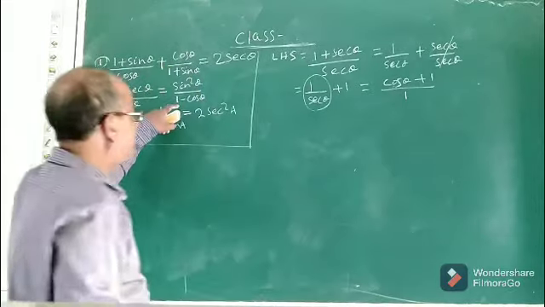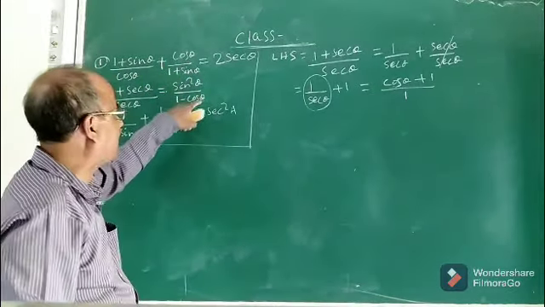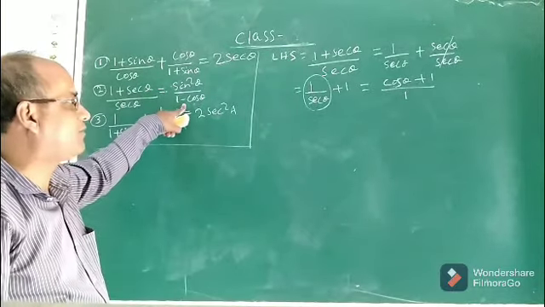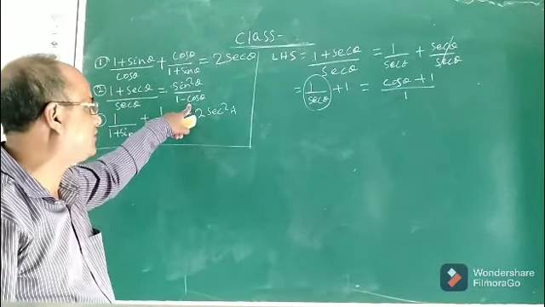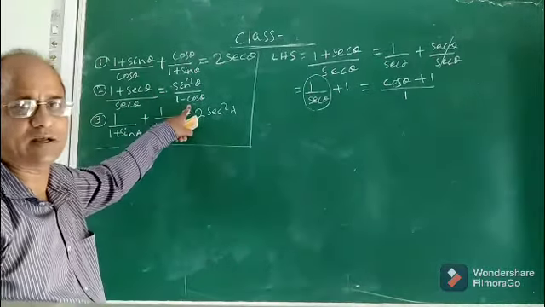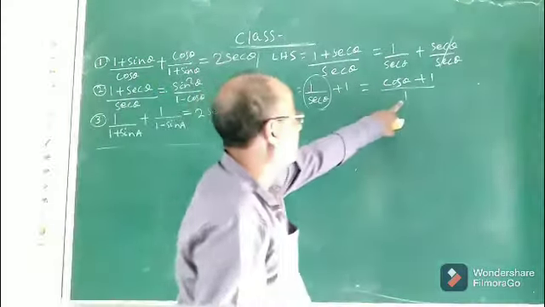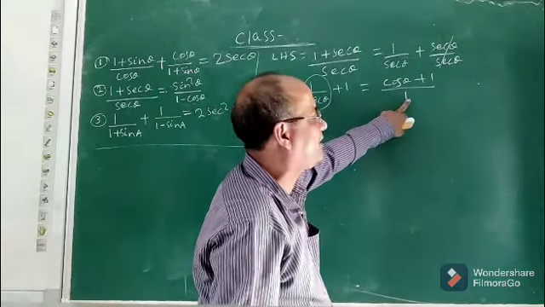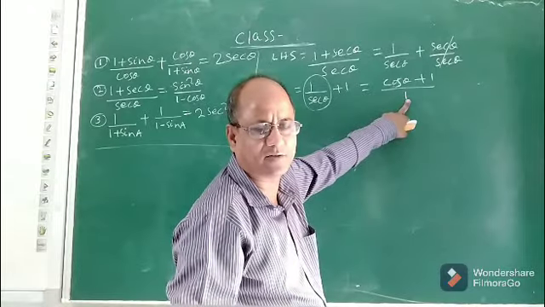Okay, but what is our aim? Our aim is to get the right hand side. Look at the right hand side. In the right hand side it is given sin square theta by 1 minus cos theta. That means in the denominator we have to bring 1 minus cos theta. So how can we bring 1 minus cos theta? Very simple. If you multiply 1 minus cos theta by 1, the denominator will become 1 minus cos theta.